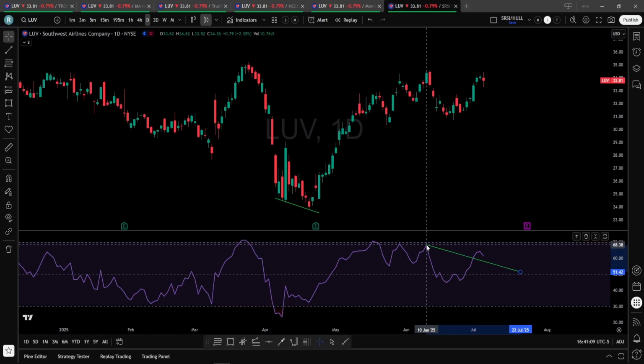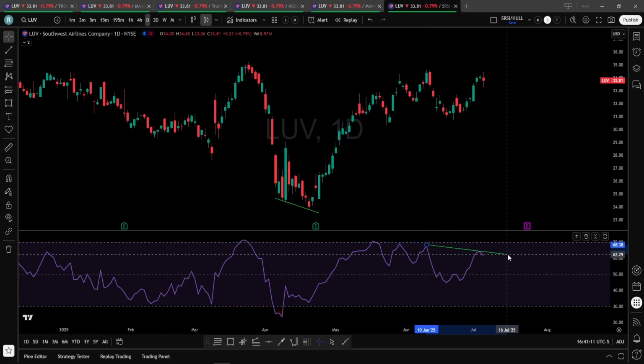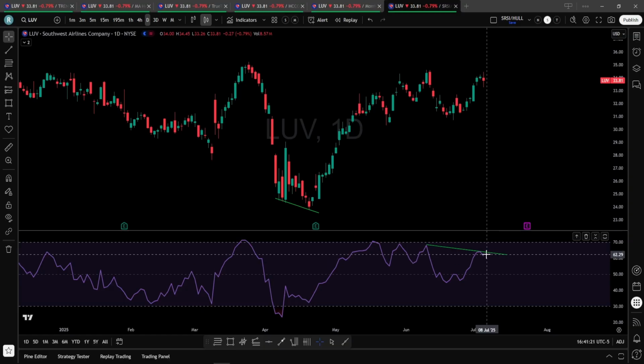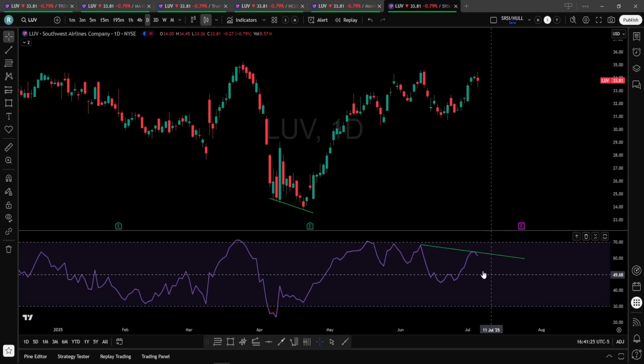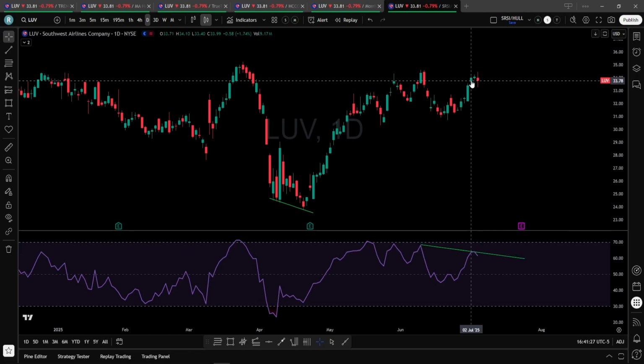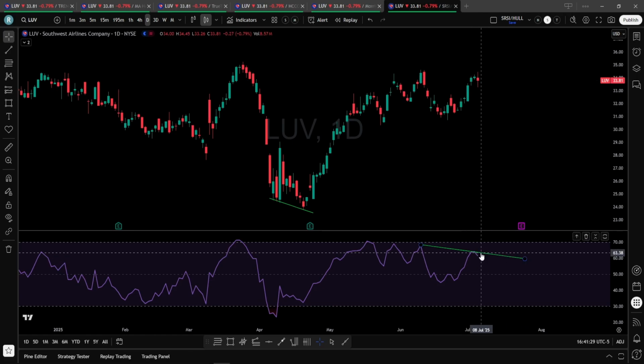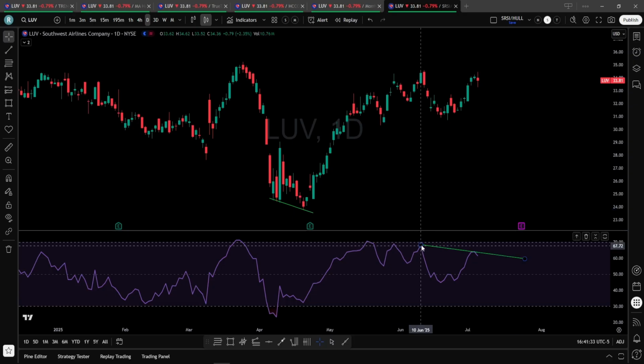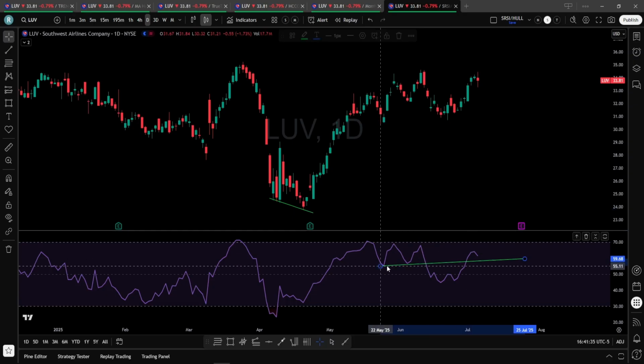Or for the current move right here, you can see the RSI is already turned down, for example, right here. So as long as it stays below here, I'm thinking this thing's going down. But if it ever comes back and breaks above this, I know I'm going to get out or go in reverse and go up. And you can just do this all day long.